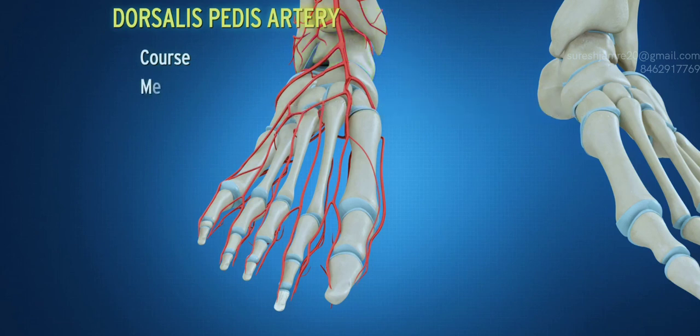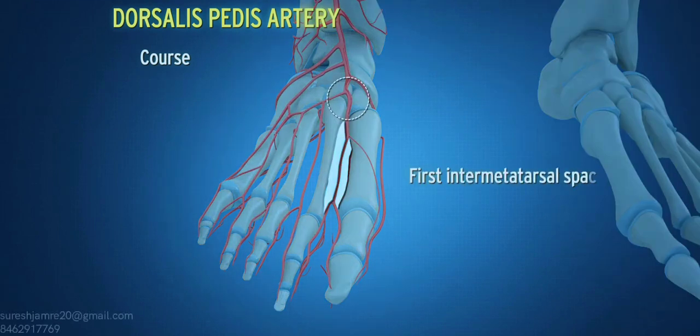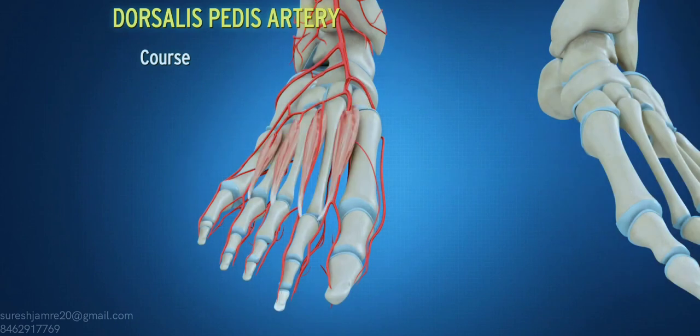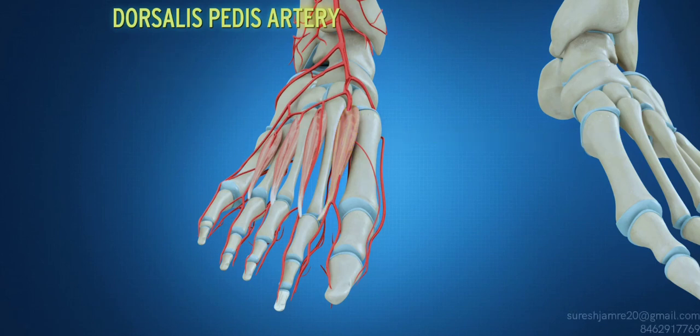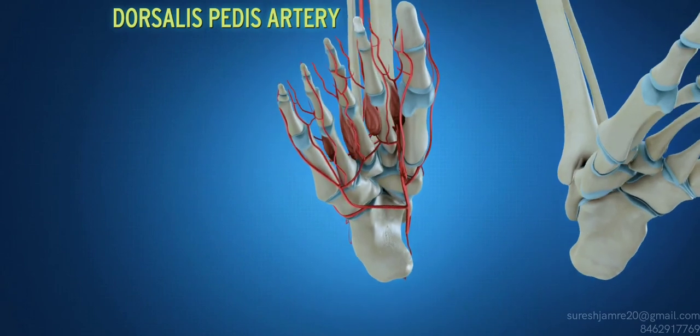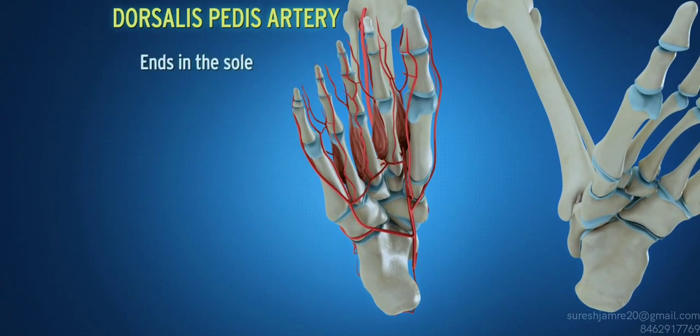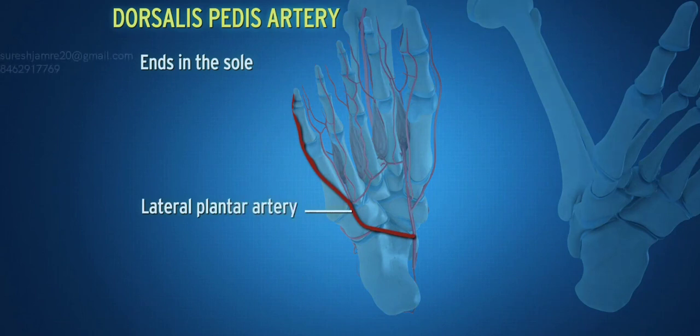It passes along the medial side of the dorsum of the foot to reach the proximal end of the first intermetatarsal space. Here, it dips downwards between the two heads of the first dorsal interosseous muscle and ends in the sole by joining the deep branch of the lateral plantar artery, completing the plantar arterial arch.